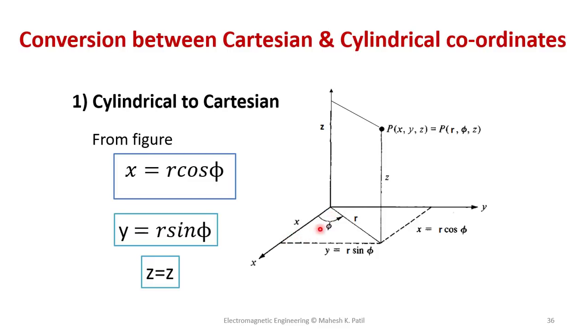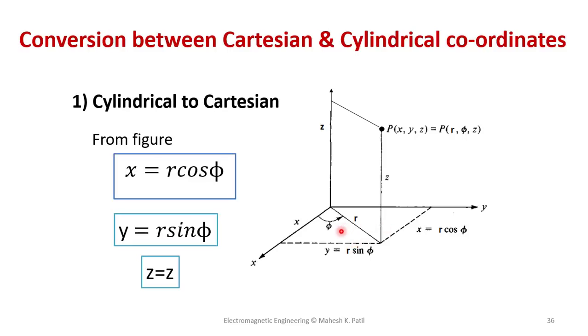This angle is 90 degrees. So for this right angle triangle, this is the front side of phi. Therefore sine phi will be the front side divided by the hypotenuse. Therefore this distance will be the y distance and it is equal to r sine phi.